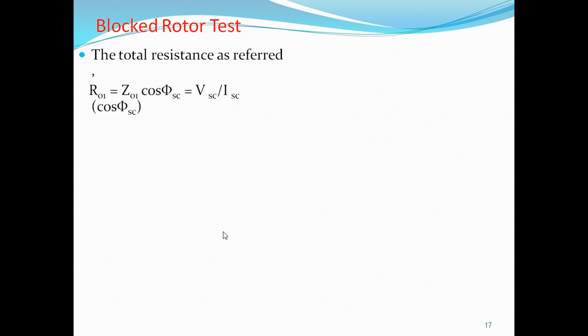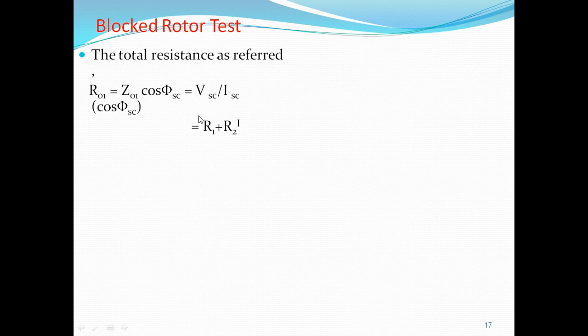The total resistance R naught 1 is equal to Z naught 1 into cos phi SC, that is VSC by ISC, voltage by current, which gives the impedance, into cos phi, which is equal to R1 plus R2 dash.